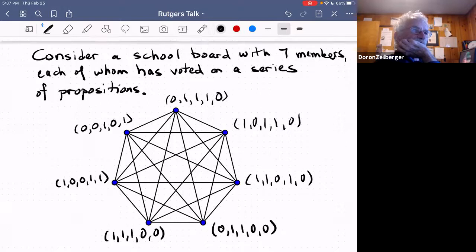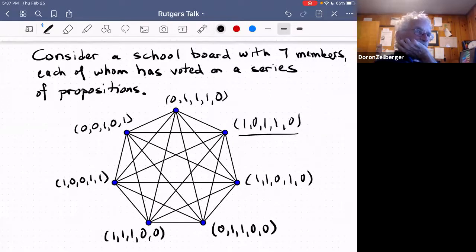We're looking for something over a series of votes. So what I have here is 7 members, each voting 5 times, just to keep the numbers small. 1 is a yes vote, 0 is a no vote.